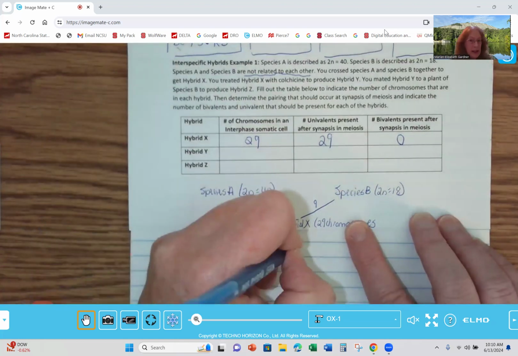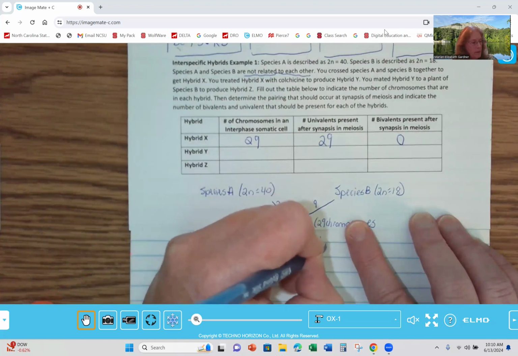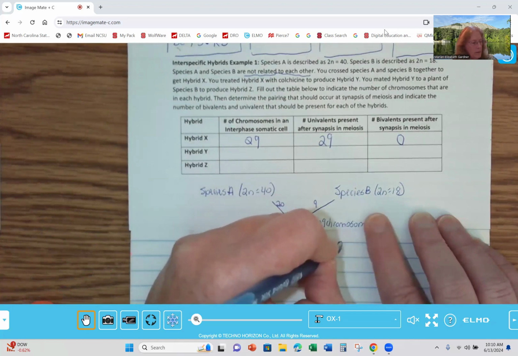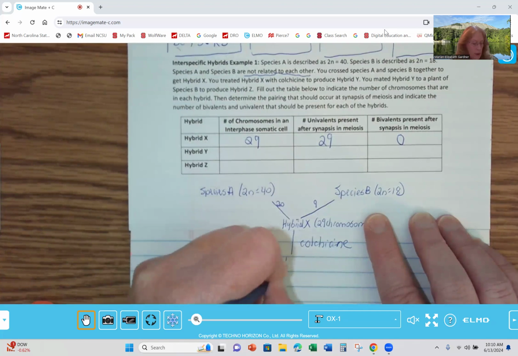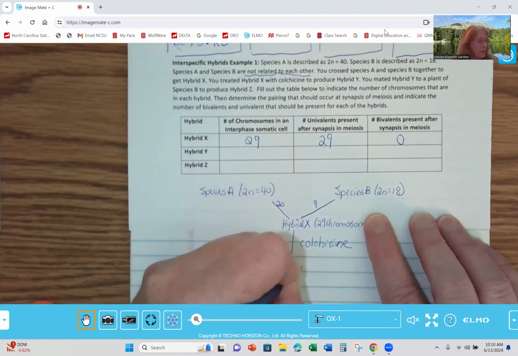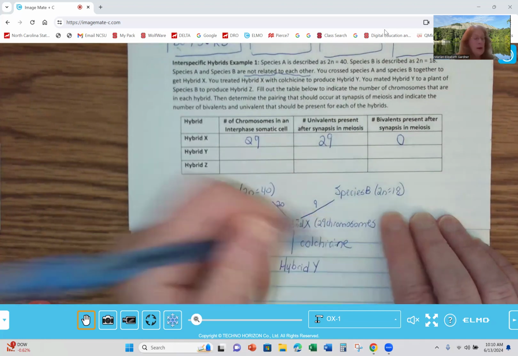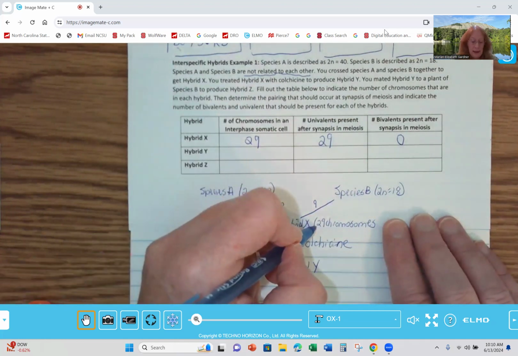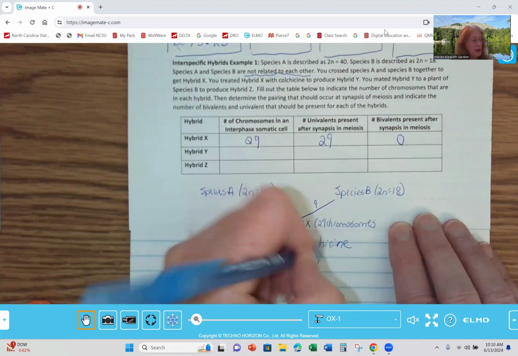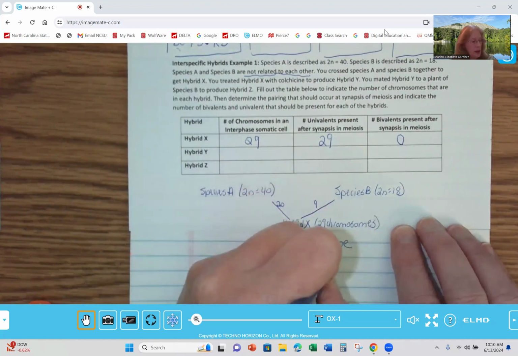Then we added colchicine to get hybrid Y. So 29 times 2 is 58, because colchicine doubles the chromosome number.